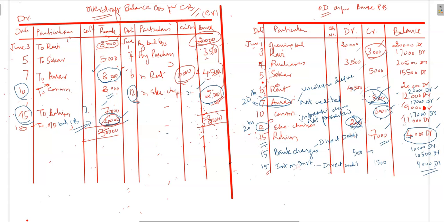OD as per passbook is greater here. When the check issued was taken as payment in the cash book as well as a debit in the passbook, then there is no necessity to reconcile it. But what happened, this 2,000 check was presented not on 12th but on 20th.